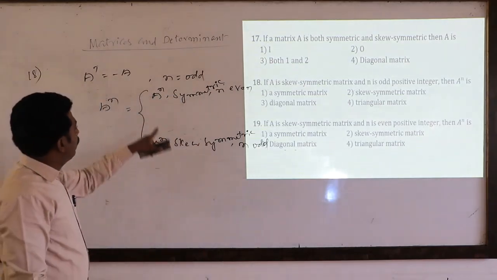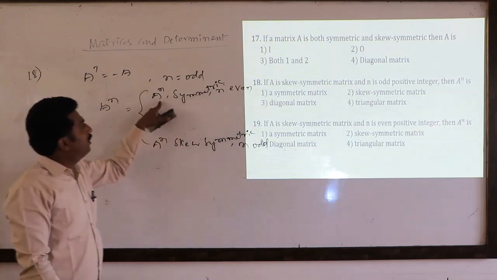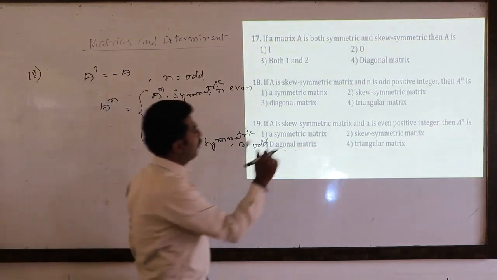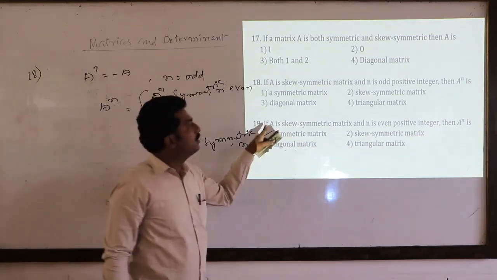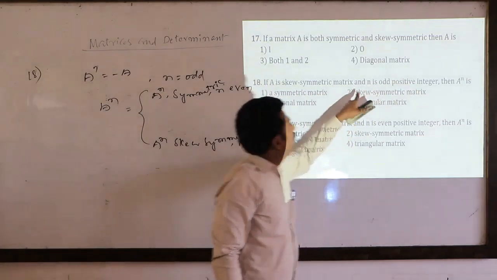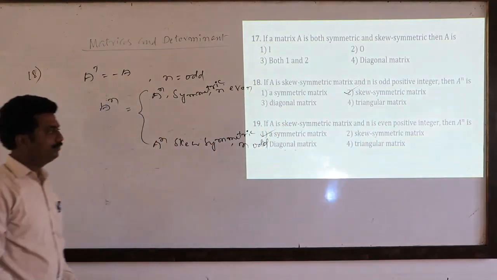So A is a skew symmetric matrix, n is an even number, so what is A power n? Symmetric matrix. So the first option is the answer. If n is even, symmetric; if n is odd, skew symmetric. So that point we have to remember. Next question.